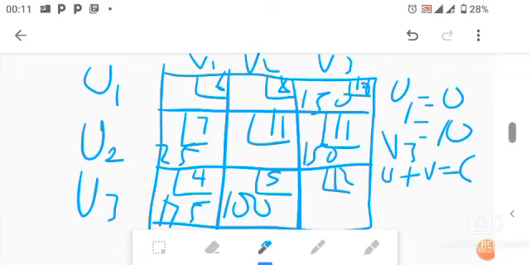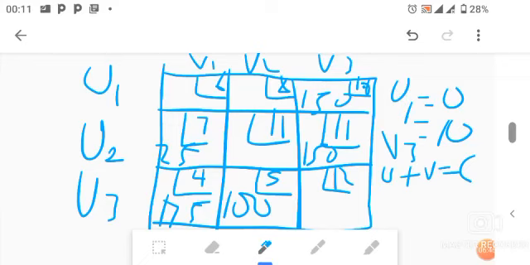And you have found the two values already. So you are now left to find u2, u3, v1 and v2. They need to be found. What you can do is focus on the boxes which are allocated. If you go to the next row, that is row 2, you find that there are two boxes which are allocated.